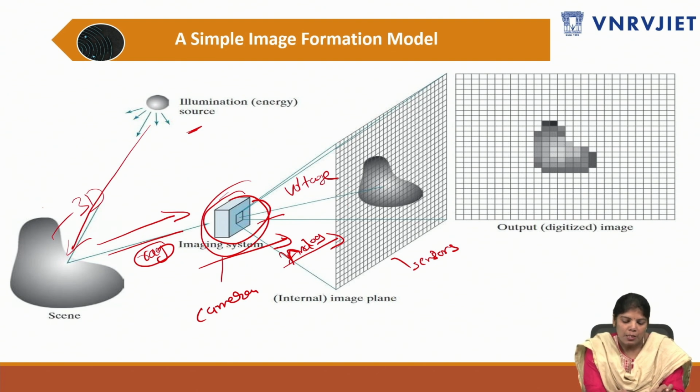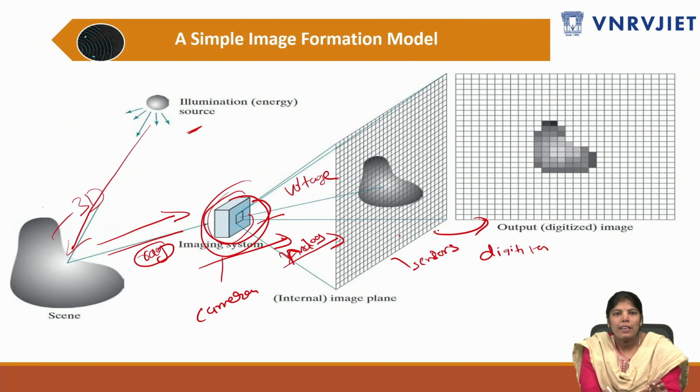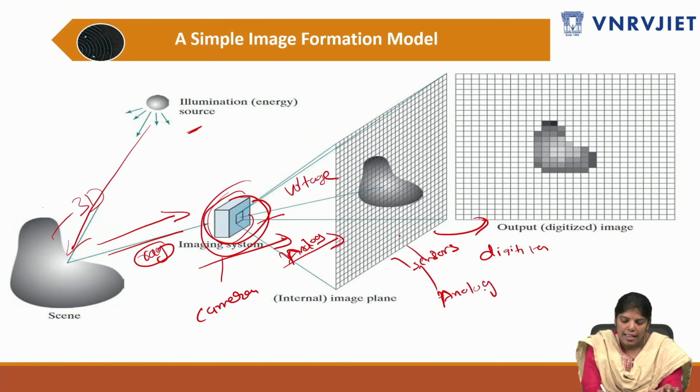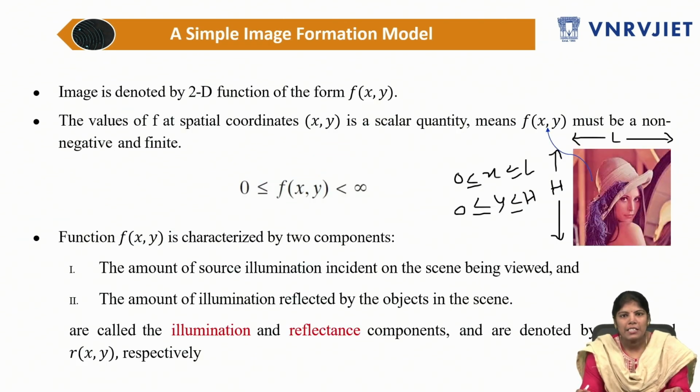After capturing, the signal is mapped to different voltage levels in the corresponding image sensors. After that, we need to convert this analog image sensor data into digitized format. Now we are going to learn the process of converting this analog image to digitized format.